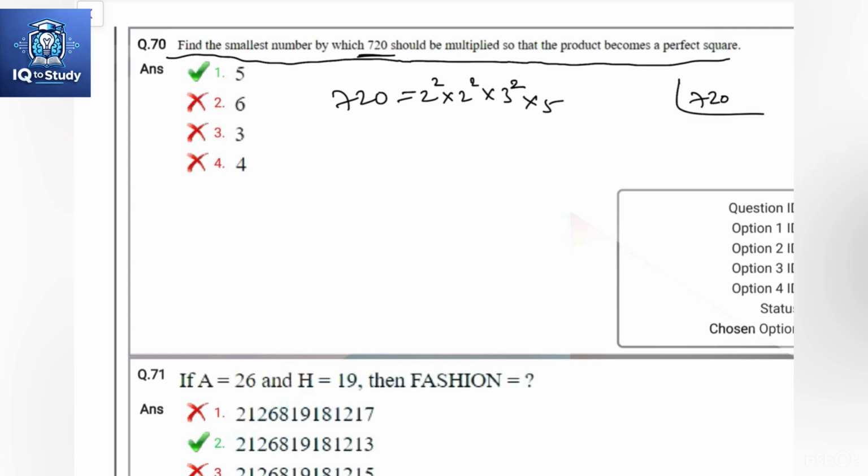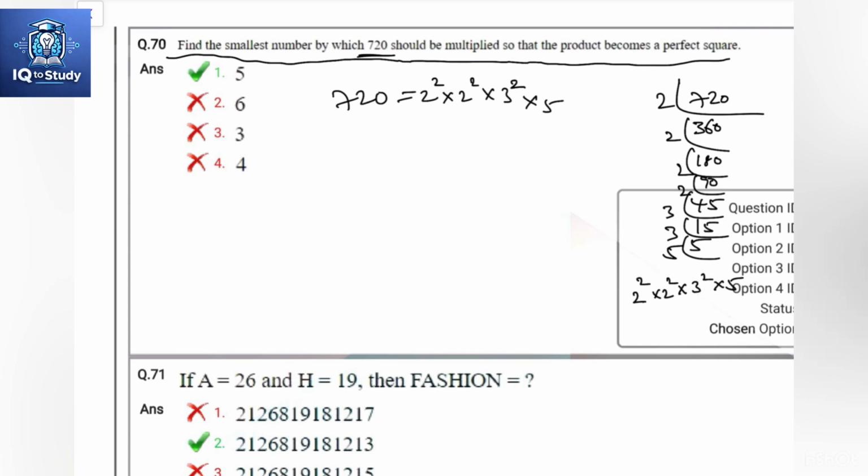This can be found out using LCM, which is 5. 5 must be multiplied by 720 so that the product becomes a perfect square. So option 1 is correct.